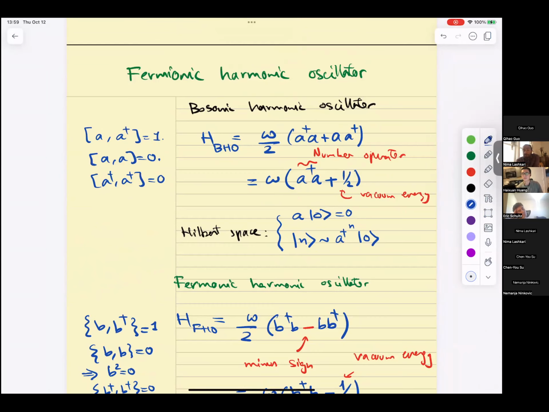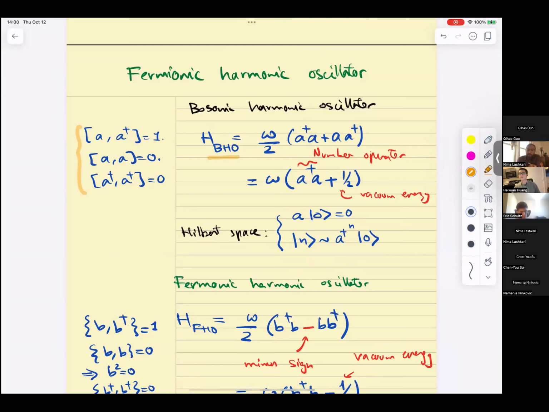We could also have a fermionic simple harmonic oscillator. The thing you're more familiar with is the bosonic harmonic oscillator. Putting them next to each other is very helpful. Let's start with canonical commutation relations between creation and annihilation operators, right?